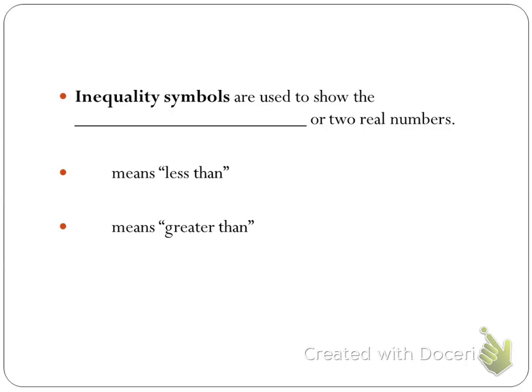Inequality symbols are used to show the order of two real numbers. That should be of, not or. Order of two real numbers. The symbol that looks like an arrow pointing to the left, that means less than.